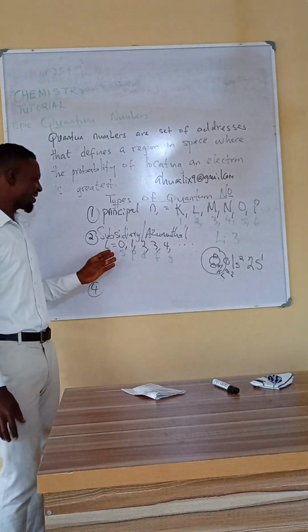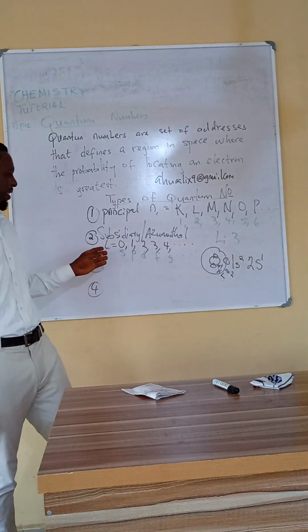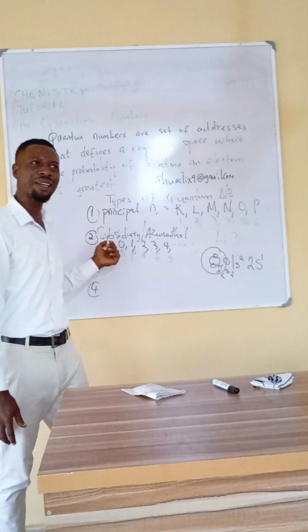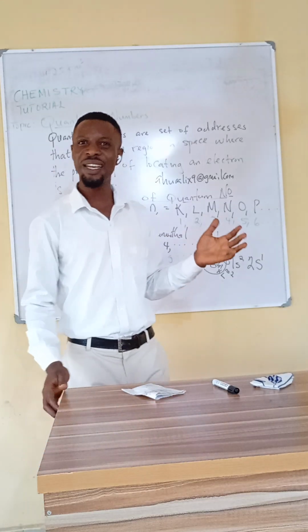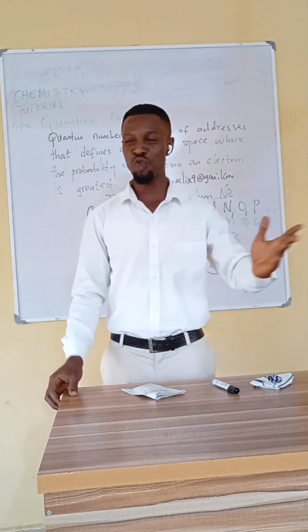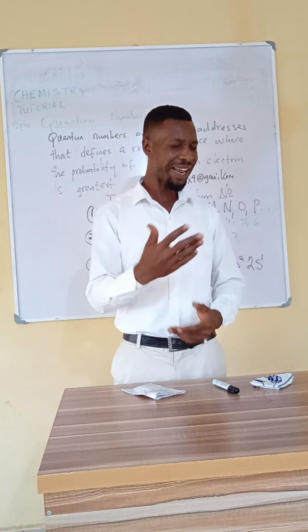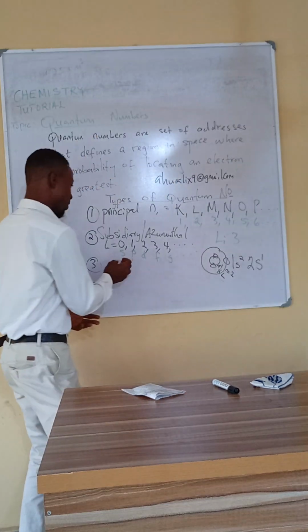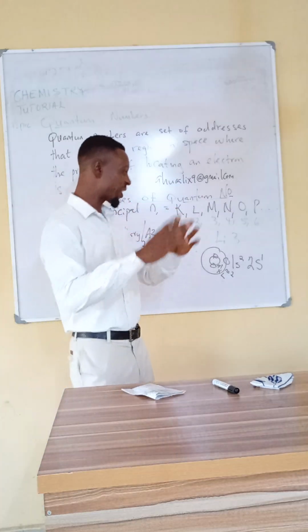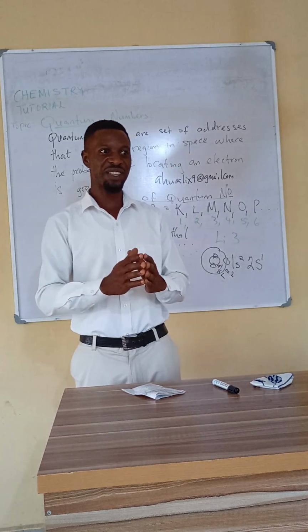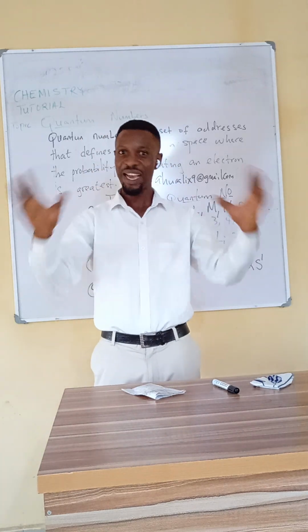You can liken the sub orbitals to a hotel. The hotel has room number 1, room number 2, room number 3, room number 4, room number 5. So these are particular rooms in the hotel. The hotel stands as your entire energy level.